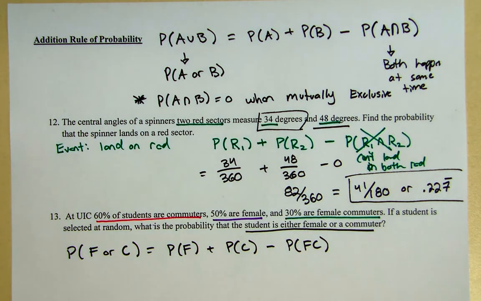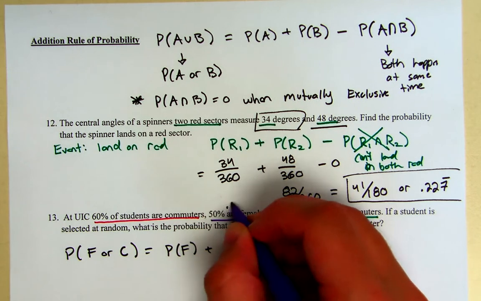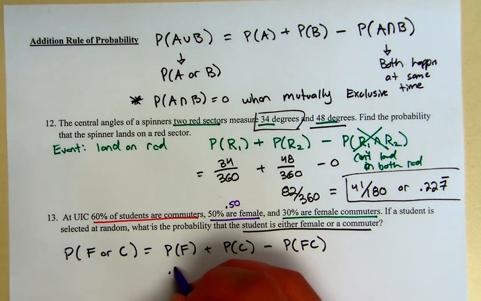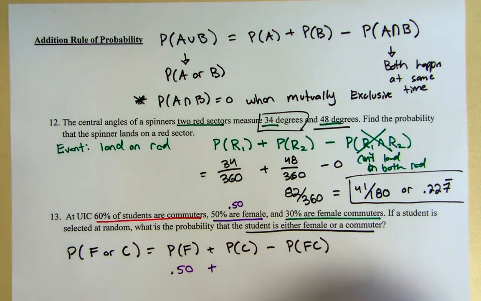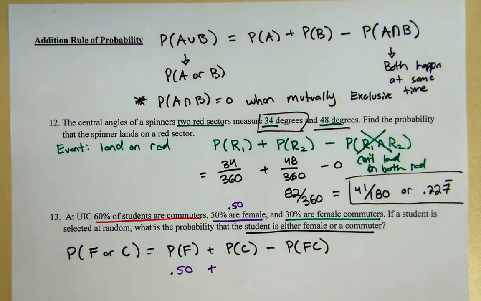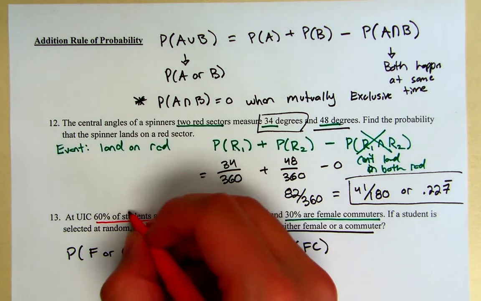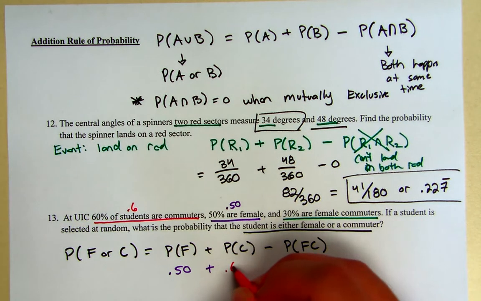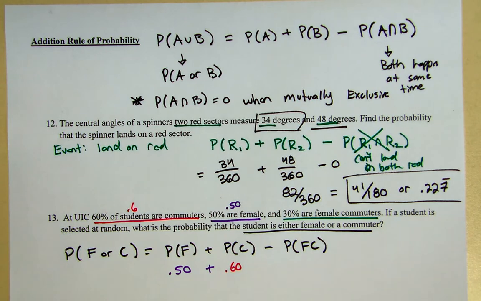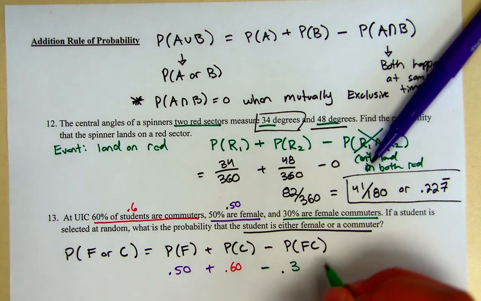How many percent are female? 50, so 0.5, plus the commuters, 0.6, and we're going to subtract out the female commuters, 0.3.